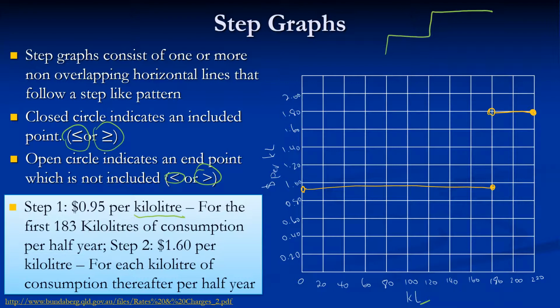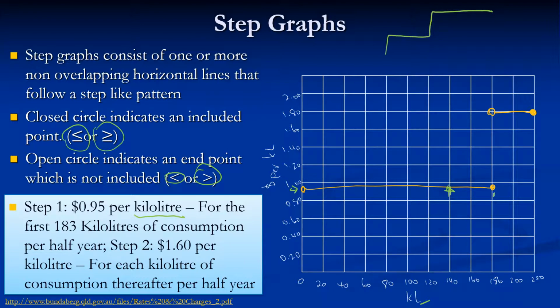And you can see that I've included an open circle and a closed circle here. So for the first 183 kilolitres, you're getting charged 95 cents. So if you use 140 kilolitres, for example, you can just read off that line, and you'll notice that it will still be charged at 95 cents per kilolitre.